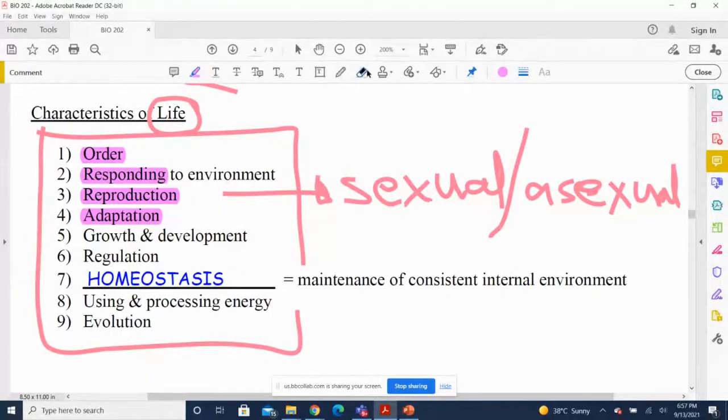So evolution takes place over multiple generations. It doesn't just happen in response to something immediately. It takes generation after generation to pass on characteristics that make an individual more successful than its peers.